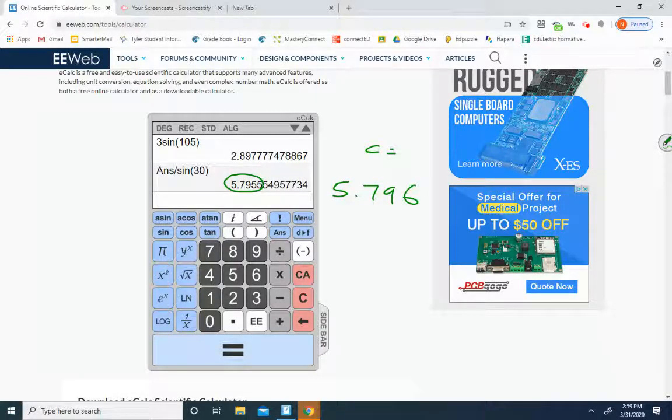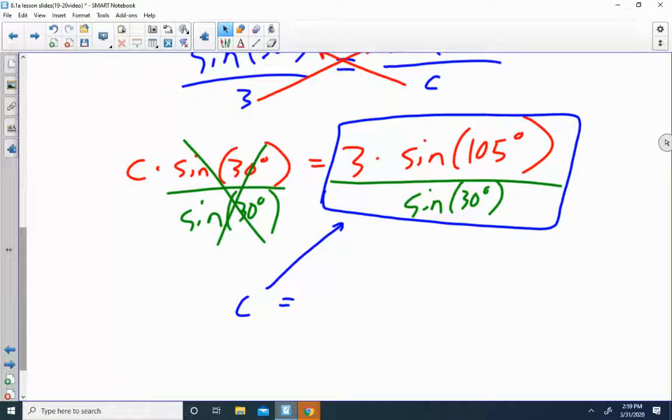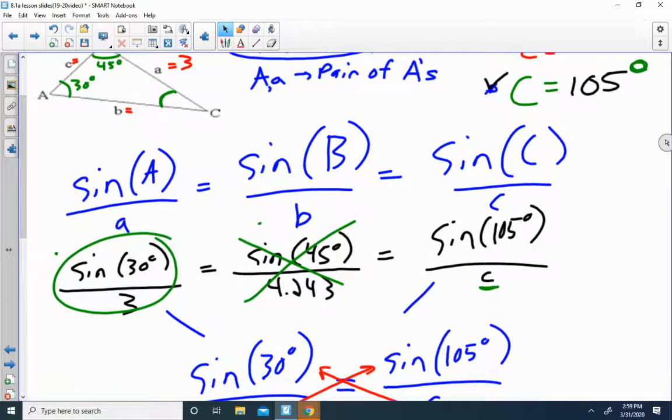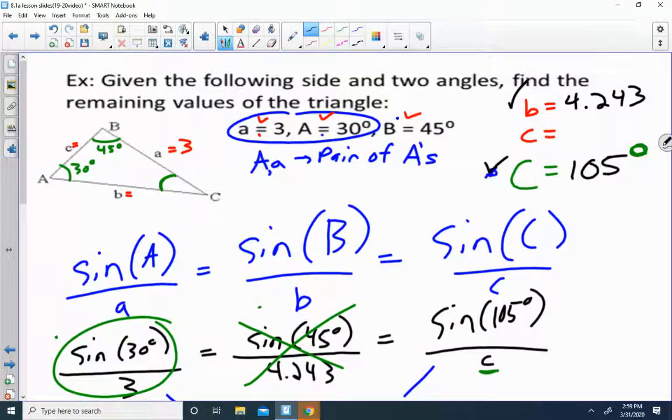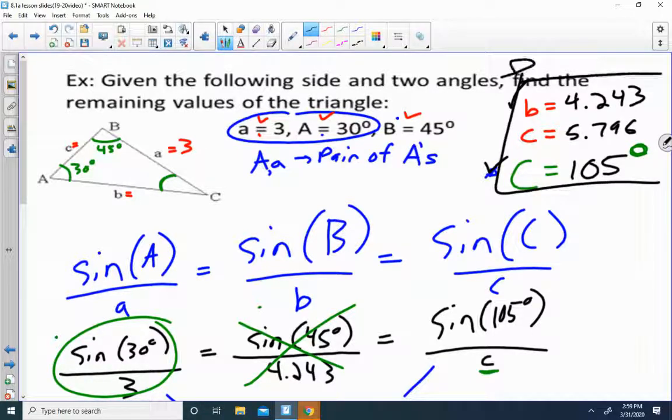And that will be our little c. All right, let's go ahead and write that on the PowerPoint. That little c is going to be 5.796. And that's what you'll type into the Hawks program.